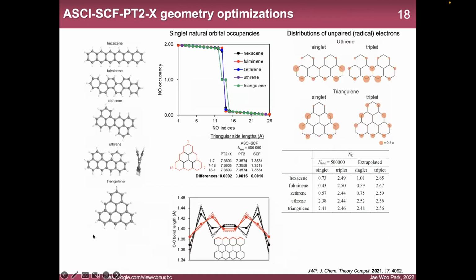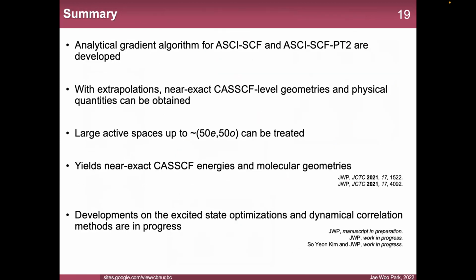And of course, you can optimize the geometries for this kind of large systems with a large active space. And this kind of calculation was possible with the extrapolated analytical gradients, to get hopefully near CASSCF level geometries. So I developed the analytical gradient algorithm for ASCI-SCF and ASCI-SCF-PT2.